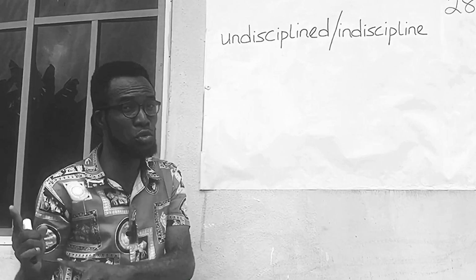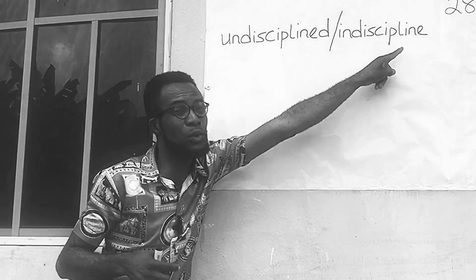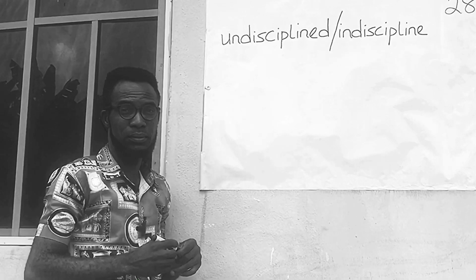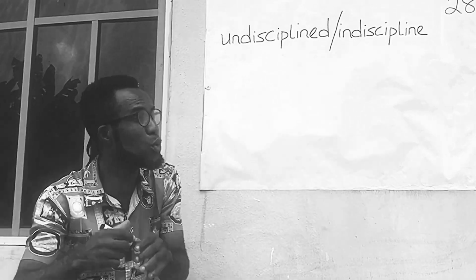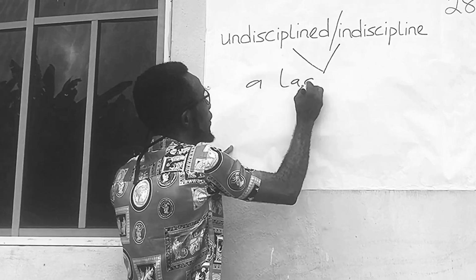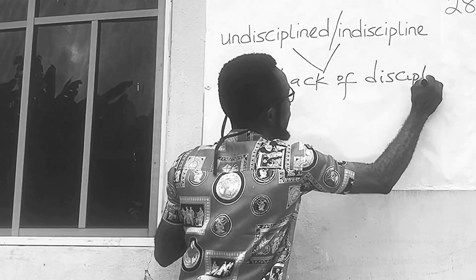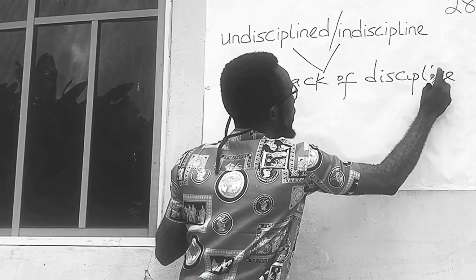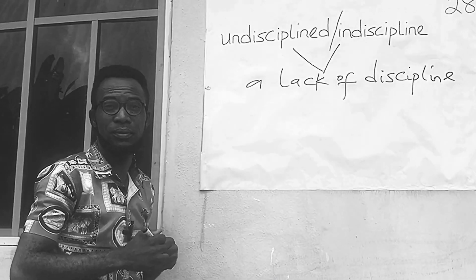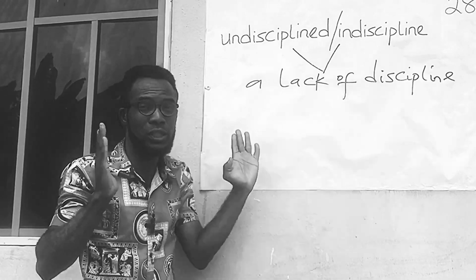The words undisciplined and indiscipline have the same meaning. Both of them have to do with a lack of discipline. They carry the same meaning, which is a lack of discipline.